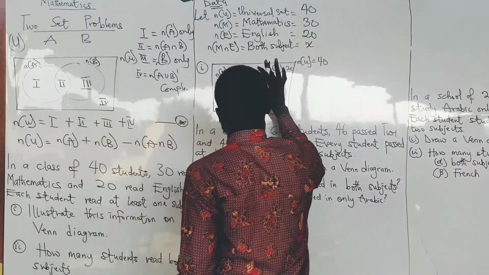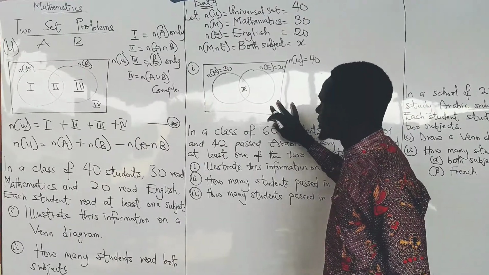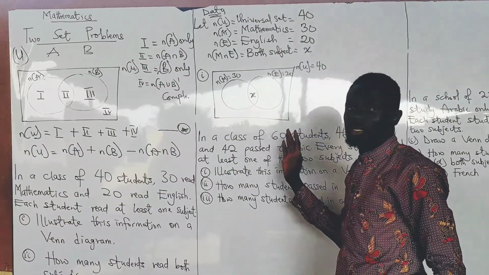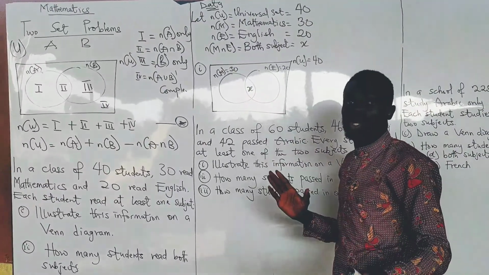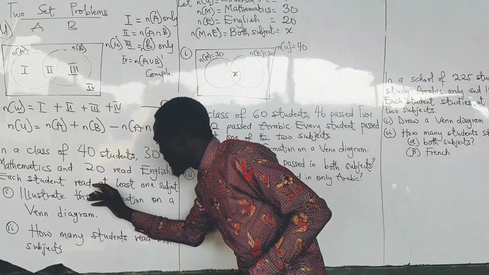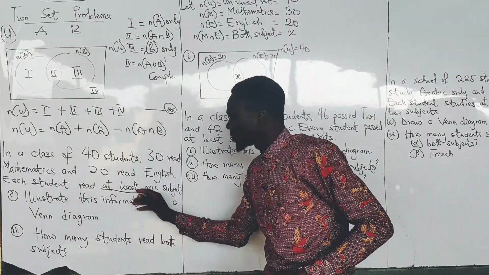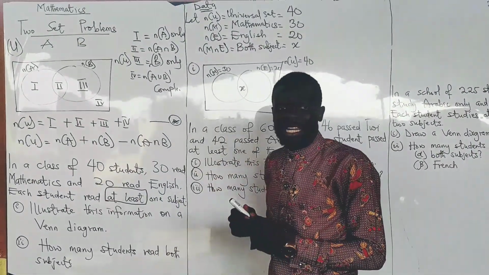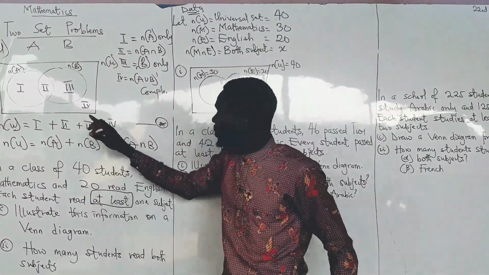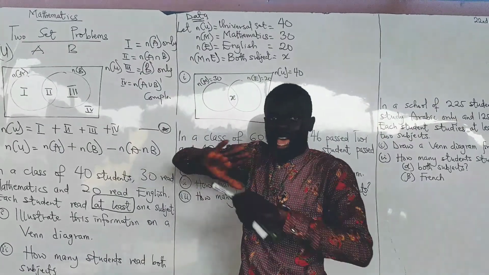Now when you look at the question carefully, you don't have a complement, which means all the students did maths, some did science, English, sorry. How will you know that in a question there is no complement? If you see in a question, at least each of them studied one subject, it means there is no complement. So it means this region is 0.